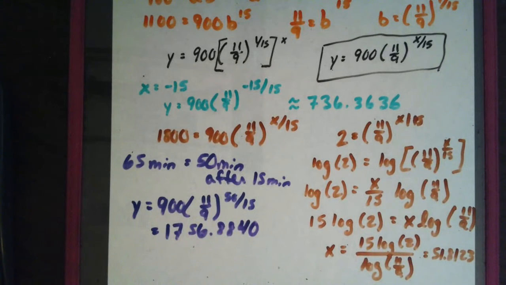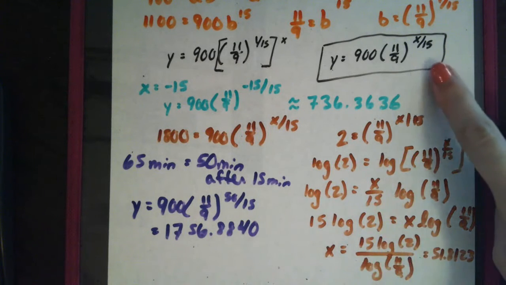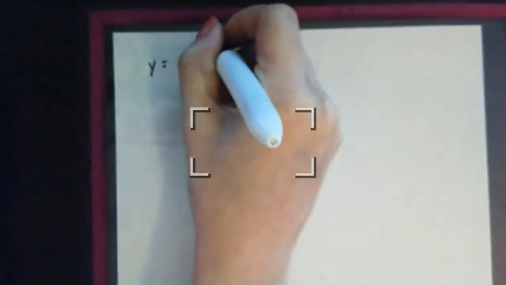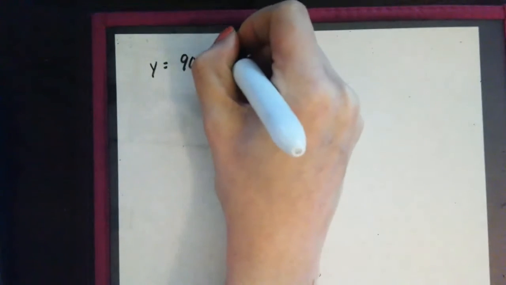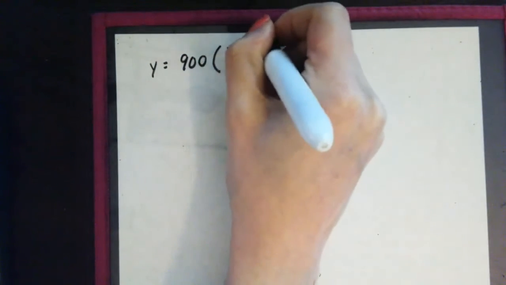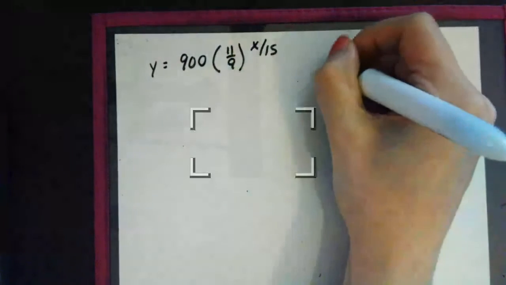And finally, we want to know, when will the population reach 11,000? So I'm going to start by copying over this equation so I don't lose it, because I ran out of paper. So we had y is equal to 900 times 11 ninths raised to the x over 15, where x is the number of minutes after 15.